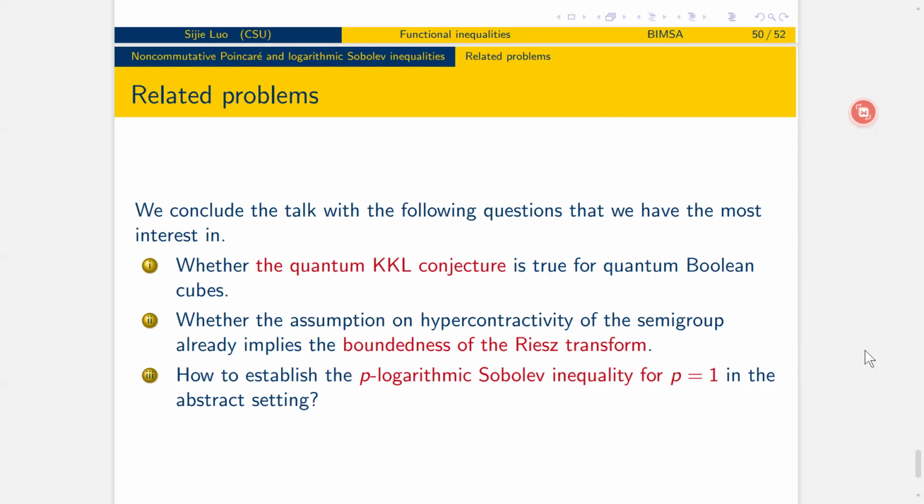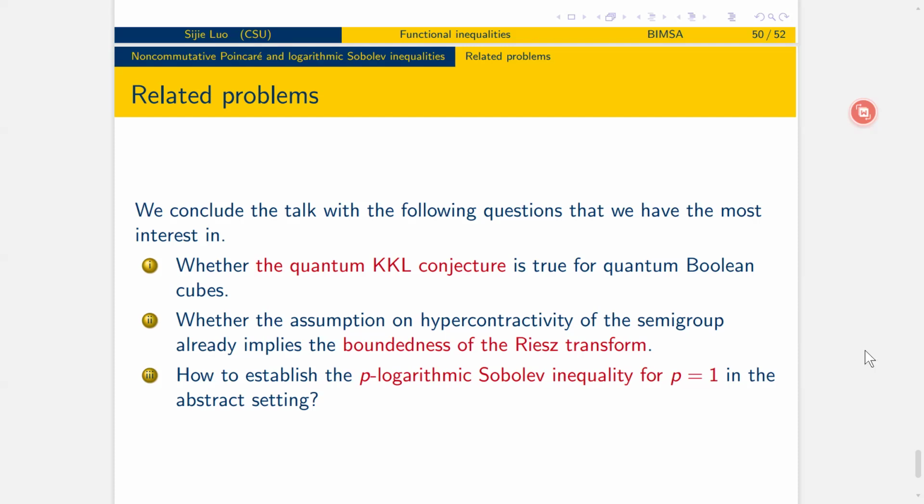We don't know. And also in our proof, we could not deal with the case when p becomes 1. The first reason is the hypercontractivity assumption, where p and q are strictly bigger than 1, so we could not impose any condition when p becomes 1, because we have no information from hypercontractivity.